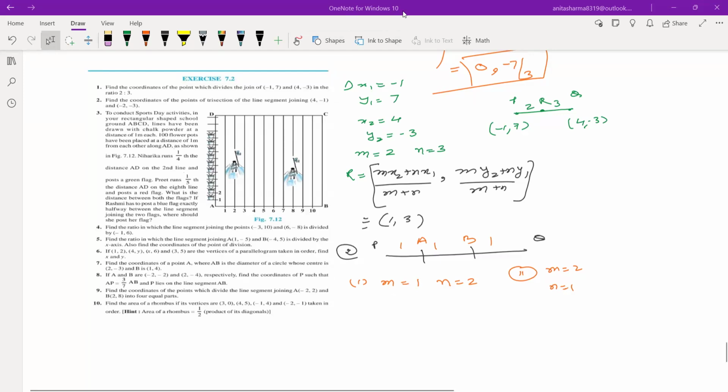Good, beta. Ma'am, the coordinates are (0, -7/3). Yes, good, beta.